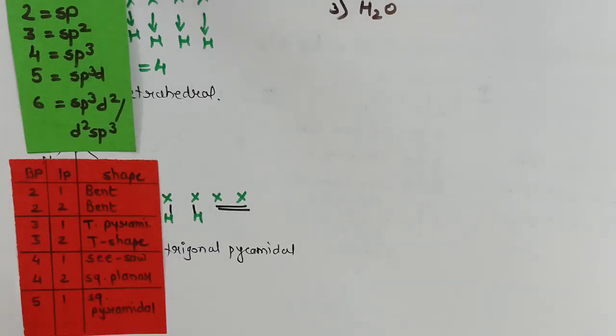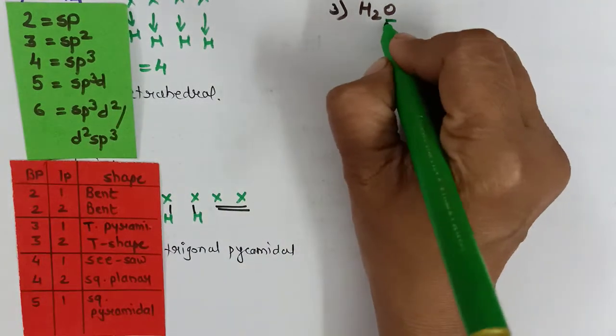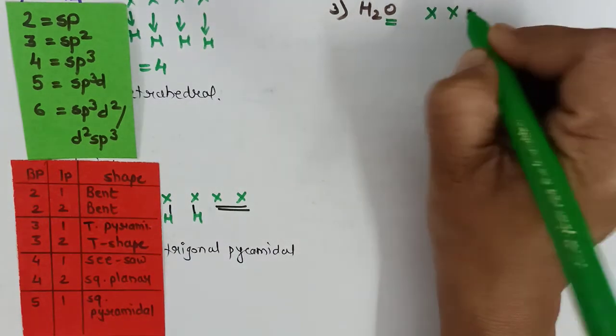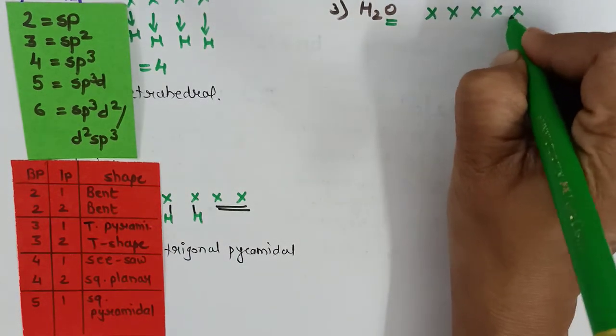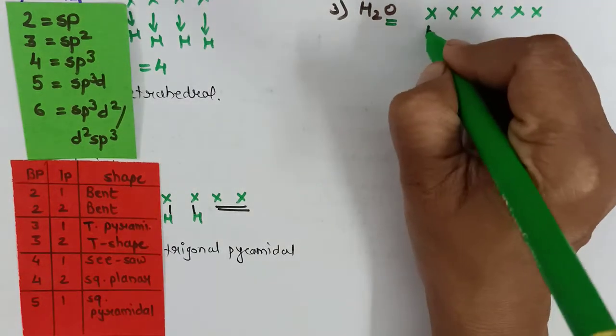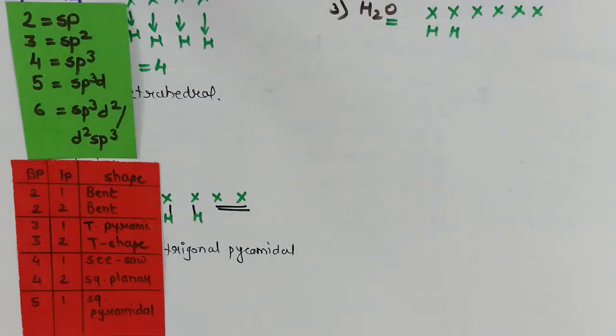Now in case of H2O, in H2O oxygen undergoes hybridization. Let us calculate the number of valence electrons in oxygen. There are 6 valence electrons. Of these 6, 2 will form bonds with hydrogen atoms and 2 lone pairs will be left out.